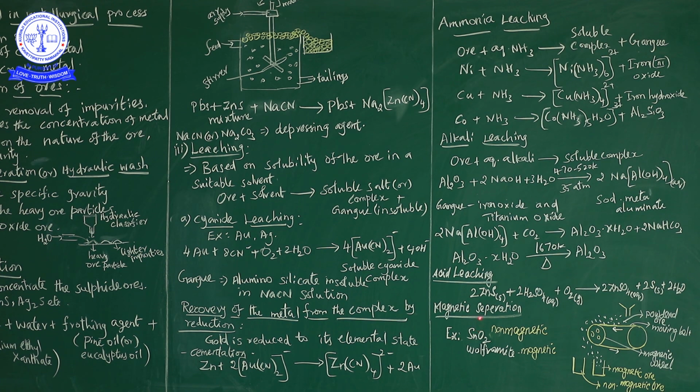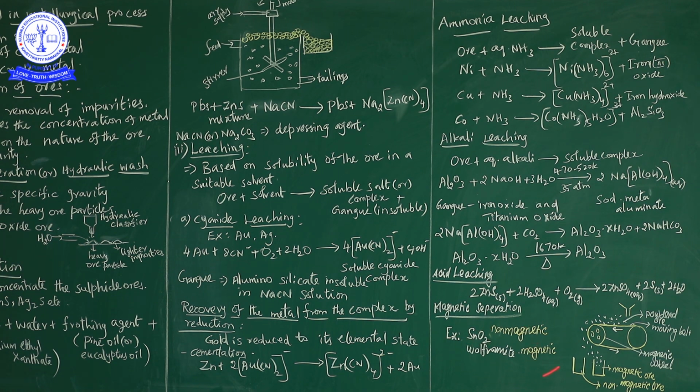So magnetic separation is based on the magnetic and non-magnetic properties present in the ore and impurities. If the ore particle is magnetic and the impurities are non-magnetic, or the ore particle is non-magnetic and the impurities are magnetic. So tin stone is separated from wolframite, as tin stone is non-magnetic and wolframite is magnetic.